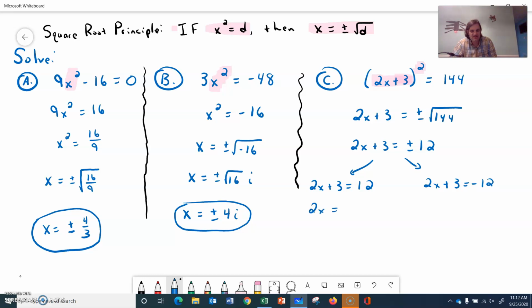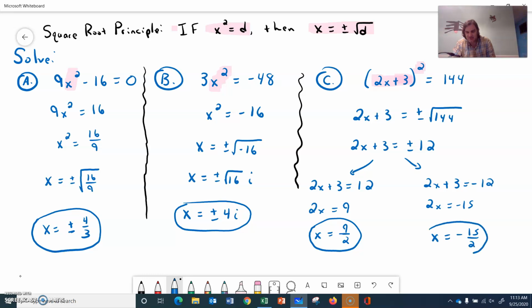Getting the x by itself, we get down to x equals 9/2, which we should be able to go back to the original and verify. The other one, 2x plus 3 equals negative 12. We'll solve that, and it looks like we'll get x equals negative 15/2.